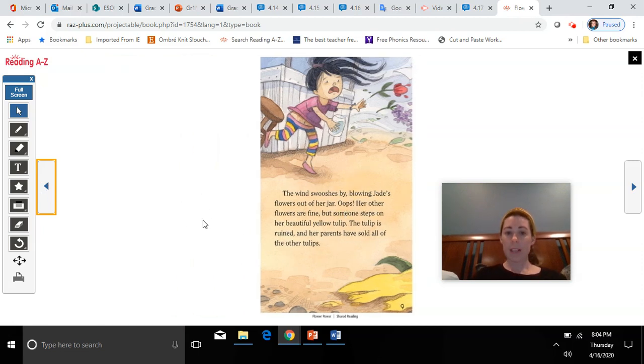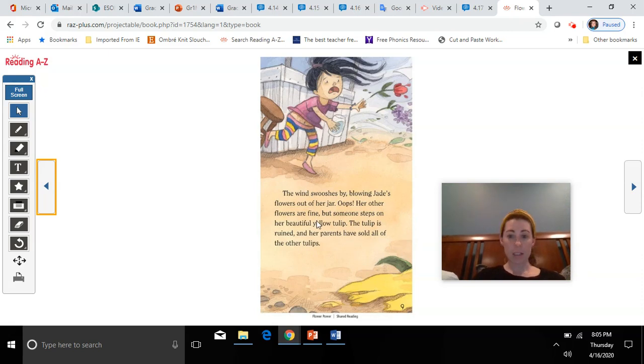I'm going to read this page, and then I want to see if you can write a sentence identifying the problem and Jade's solution.